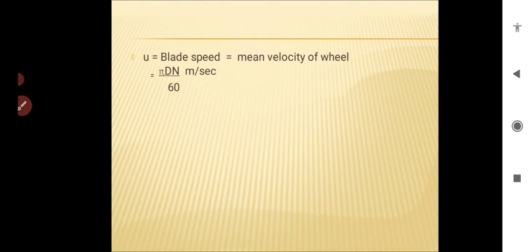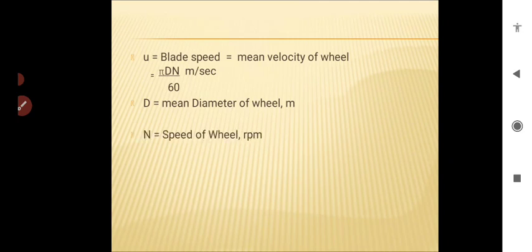U is the blade speed, that is the mean velocity of the wheel, U equal to pi D N by 60 meter per second, where D is the diameter of the wheel in meter and N is the speed of the wheel in rpm.